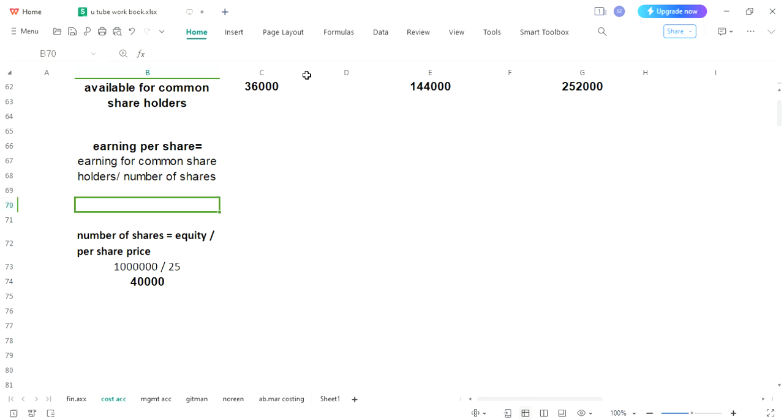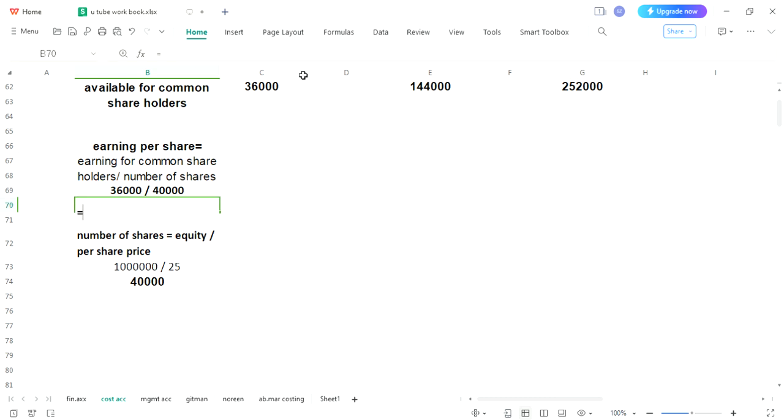Now let's get back. Here earning per share needs to be calculated. For that we need earning available for common shareholders. This is available for common shareholders 36,000, and we need to divide it with number of shares. 40,000 has been calculated. Let's put it down. Statement is completed, and please pay attention over here.